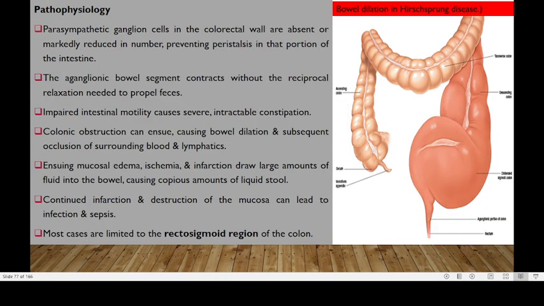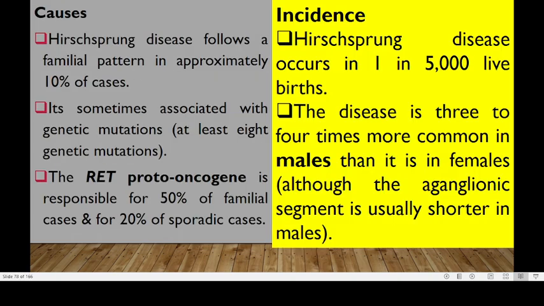It mostly affects the rectosigmoid region of the GI tract, and this disease follows a familial pattern in approximately 10 percent of cases. It's sometimes associated with genetic mutations, at least eight of them.